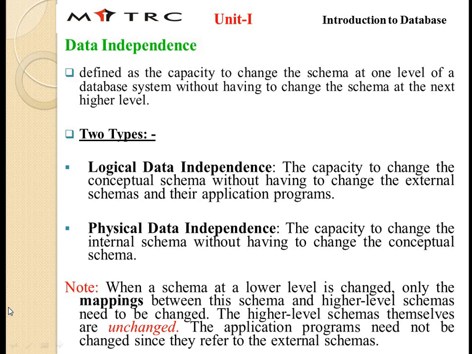So this is the important point: if we change the schema at the lower level, only the mappings need to be changed, while the higher level we don't touch. So this is all about the concept of data independence.